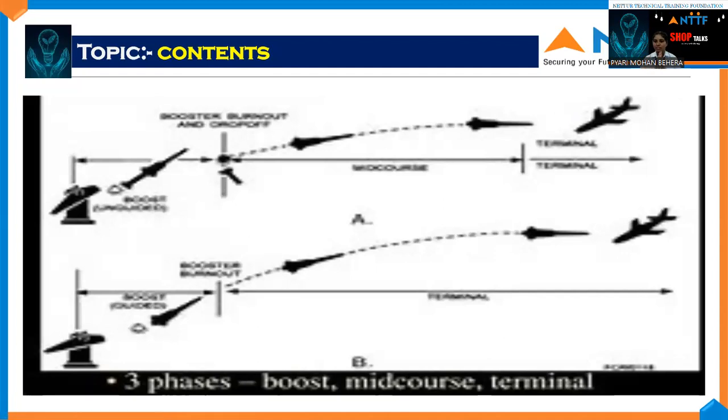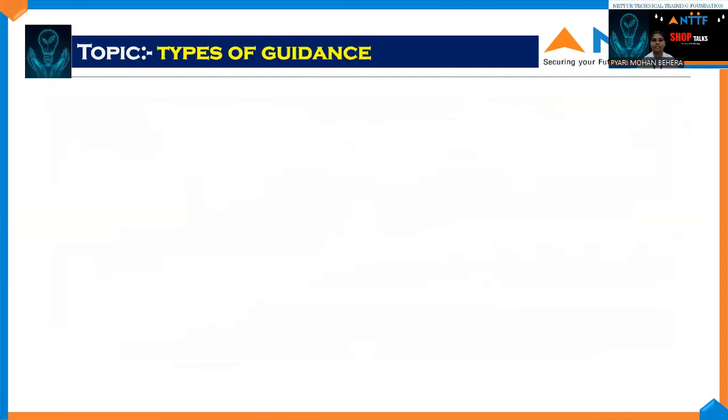This is only a failed mission. But in the second picture, the missile is on the right path, meaning the angle is correct between the missile and the aircraft, and the missile mission is successful. So this is the difference between without the guidance system and with the guidance system.